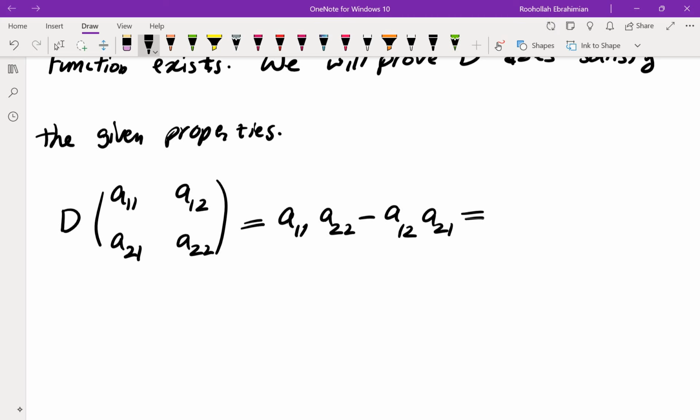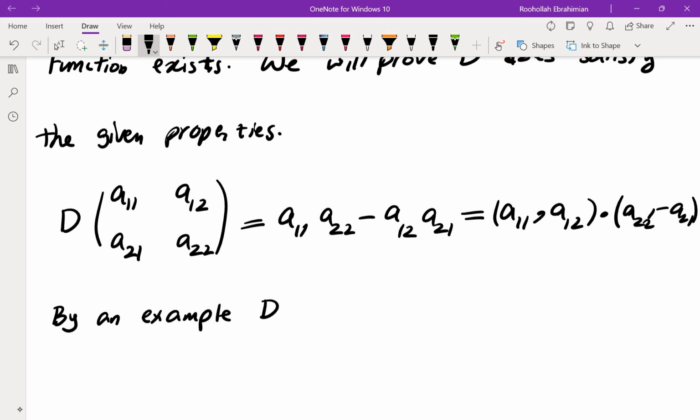Is this linear with respect to the first row? Yes. Why? Because you can write this down as a dot product: (a11, a12) dotted with (a22, negative a21). And by an example, d is linear with respect to the first row, because we know every dot product is linear.